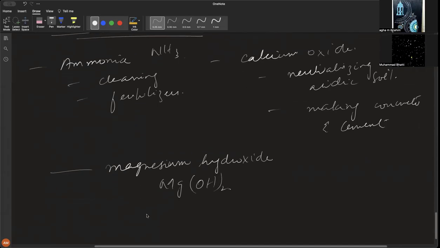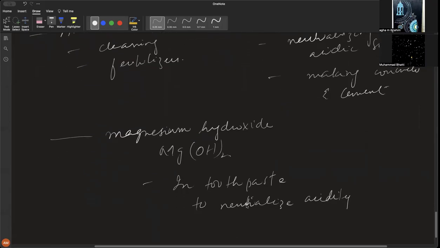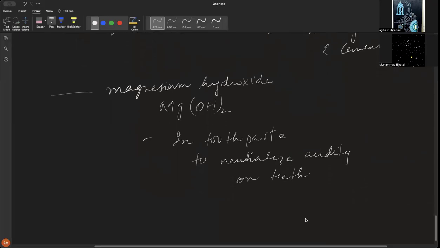It has many uses in toothpaste, to neutralize acidity on teeth.